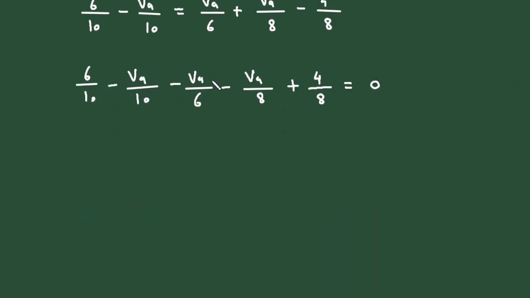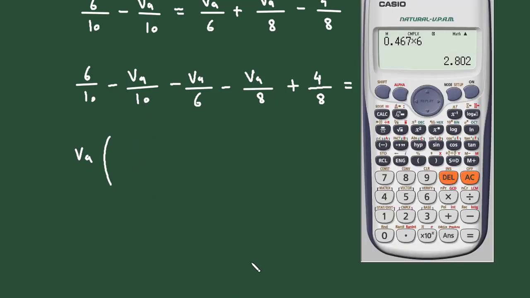So let's simplify the VA terms. VA in bracket, this will be minus 1 by 10, minus 1 by 6, then minus 1 by 8. So it will be minus 47 by 120.